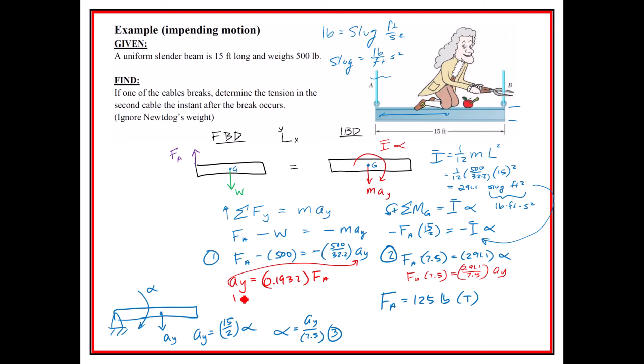So let me write this out: minus 500 equals minus 3 times FA.